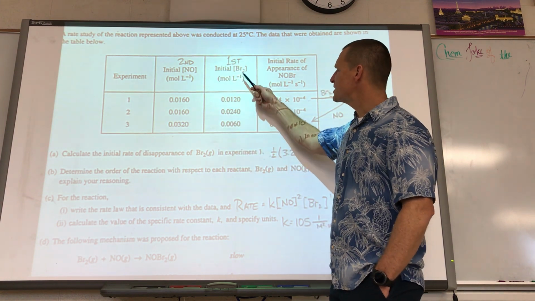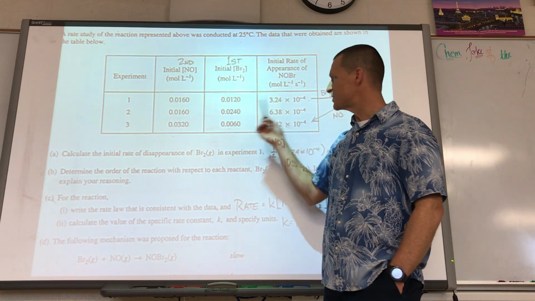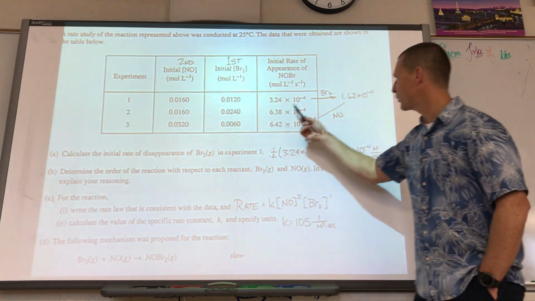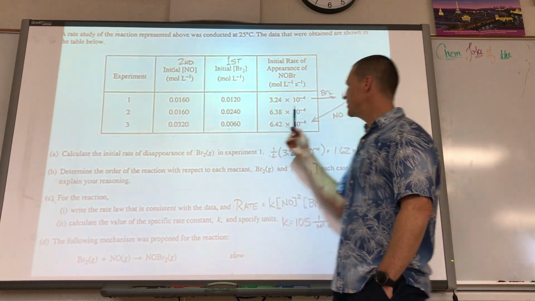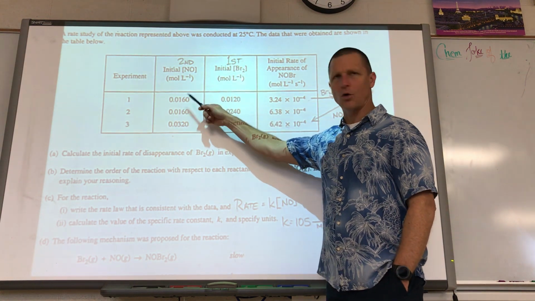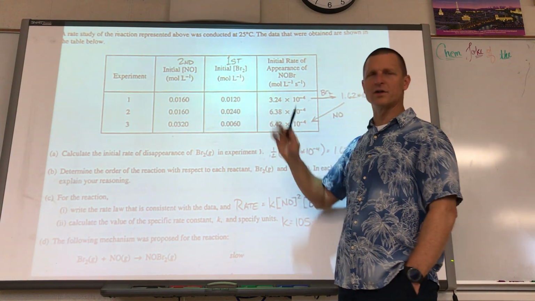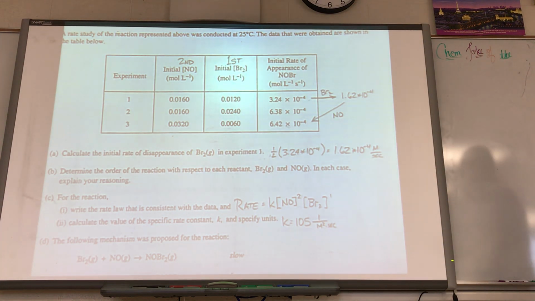Because this is first order, when you cut that in half, it should cause the rate to get cut in half. That's what I did. It doesn't mean the other concentration gets cut in half. It's just the rate that gets cut in half. So the order of this doesn't affect the order of that. You have to look at the order as individual. Okay, the order just goes back to what the rate is.